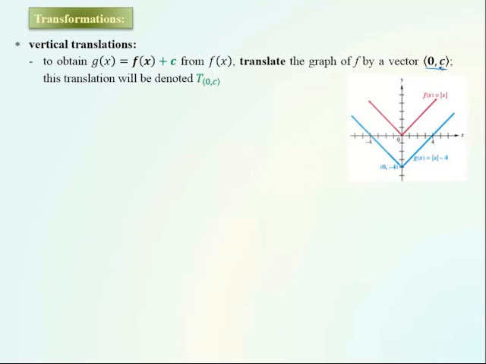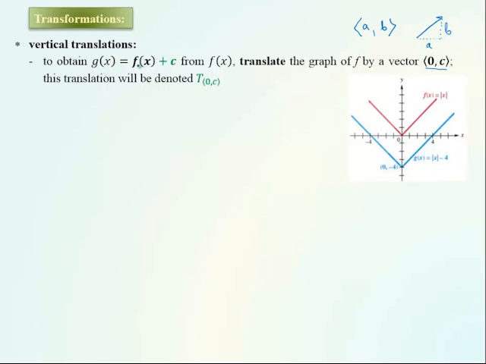Since we are going to use vector notation, first of all notice that I'm going to use this pointy bracket to distinguish from a point or interval. So we'll know that such a bracket will represent a vector, and also what the vector <a, b> really stands for. Well, it's a vector that moves a units horizontally and b units vertically.